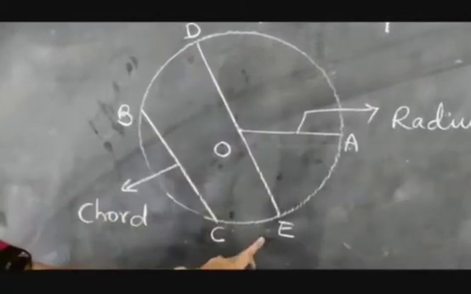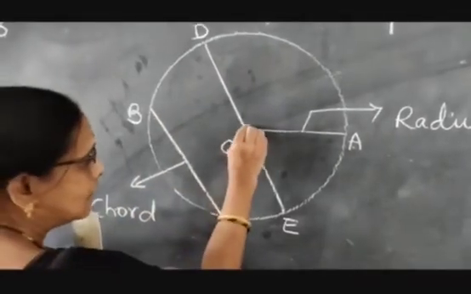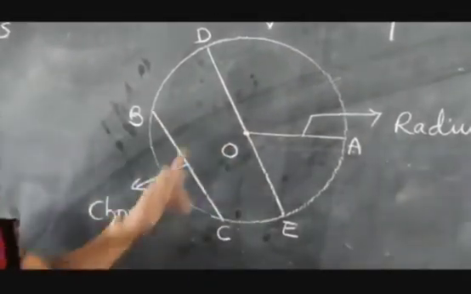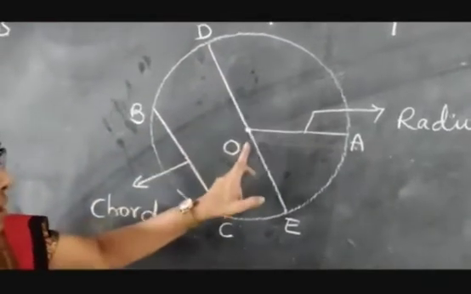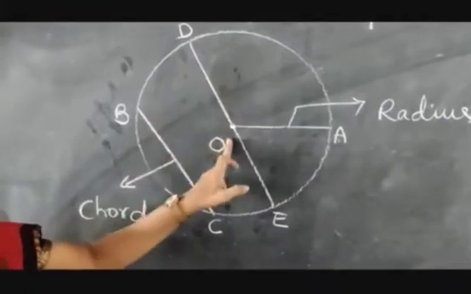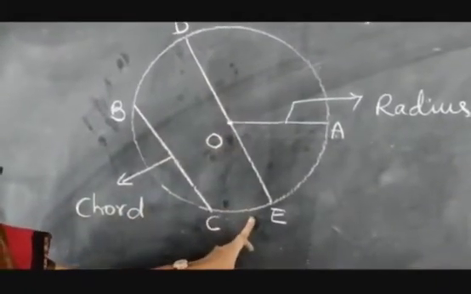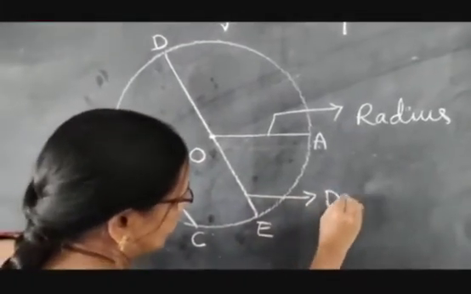But this chord is passing through the center of the circle. This chord, DE, is a chord passing through the center of the circle. So any chord passing through the center of the circle is called a diameter.